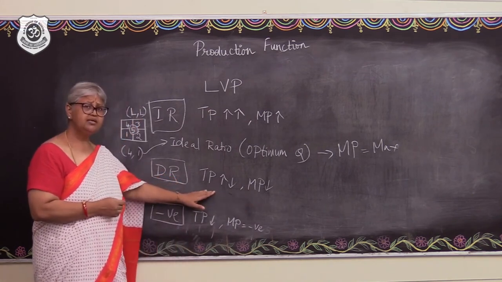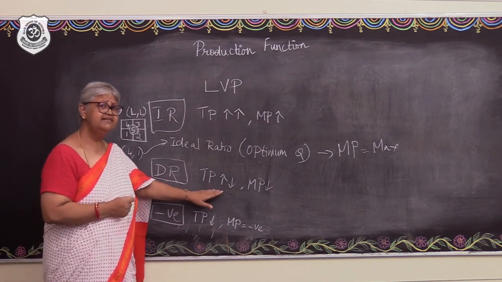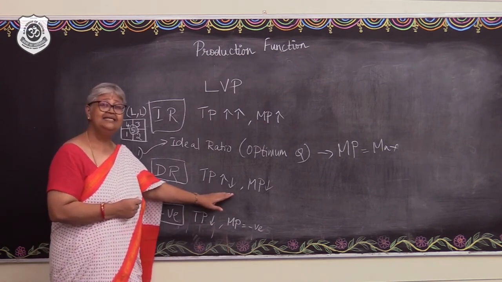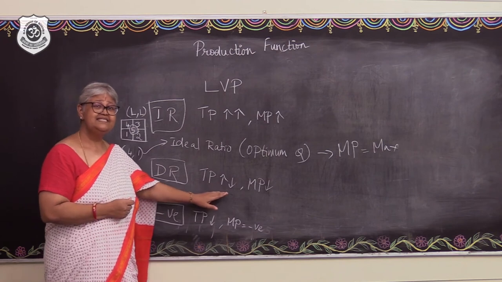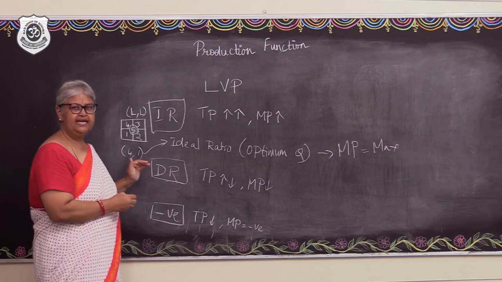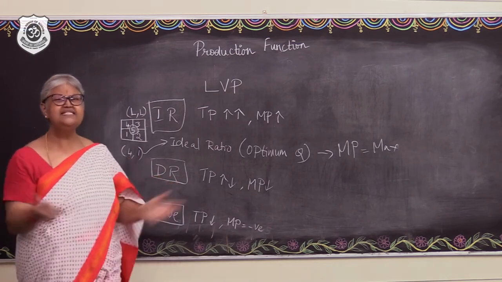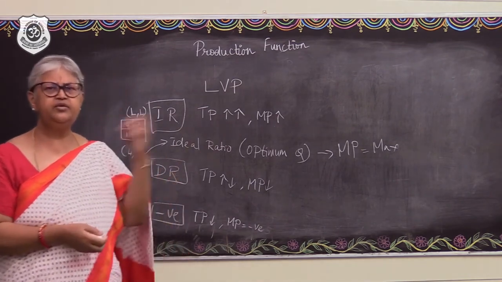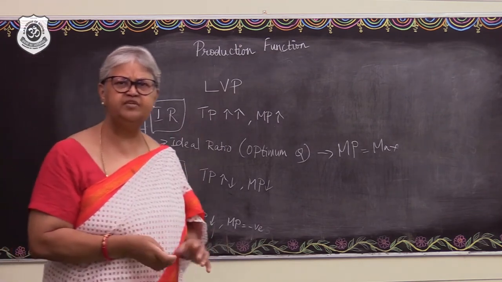What about the total product? Total product is still increasing, but at a decreasing rate. Yes? So, after full utilization, why is it that the entrepreneur is trying to employ this fifth and sixth and seventh person?